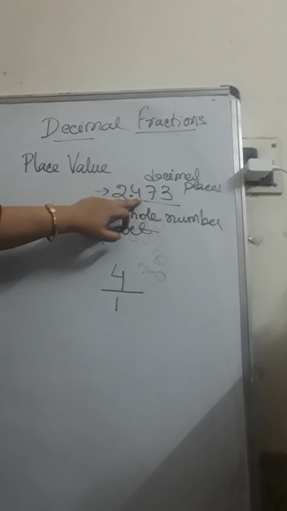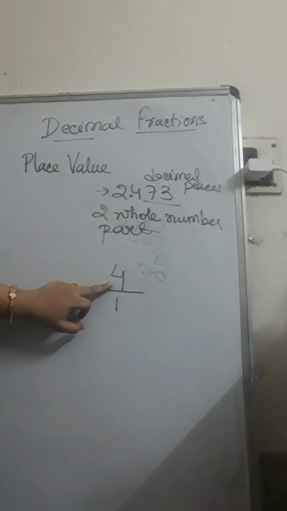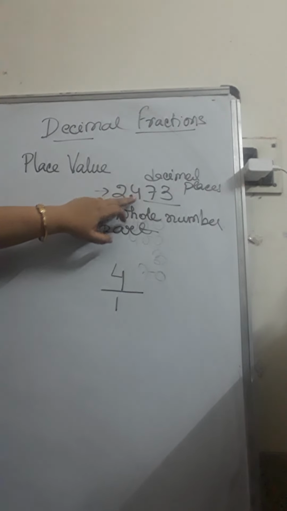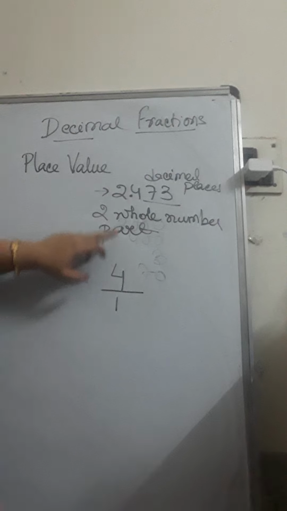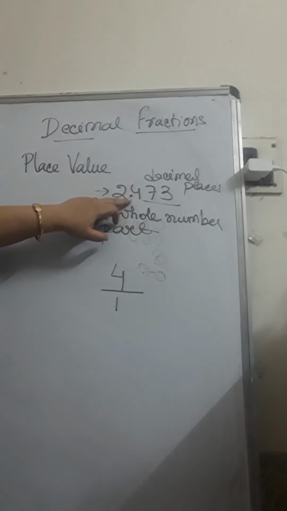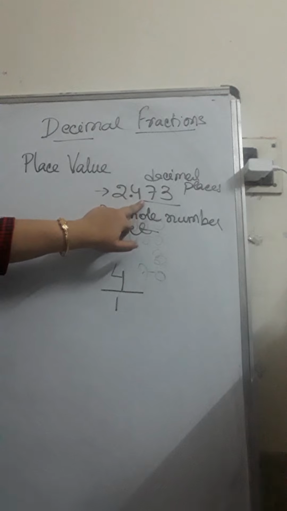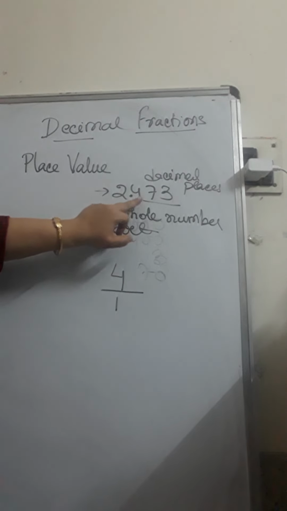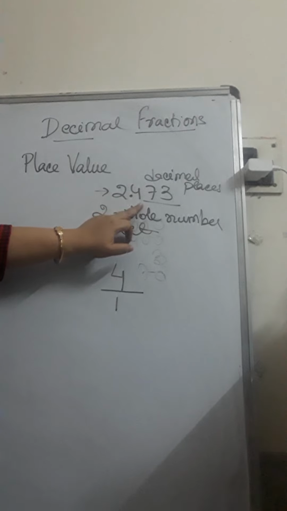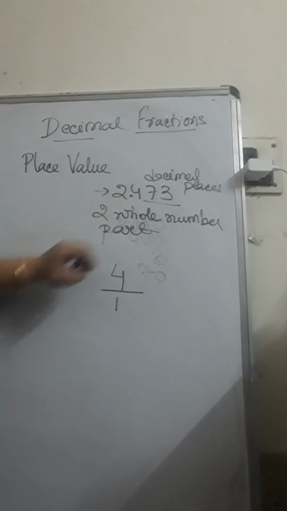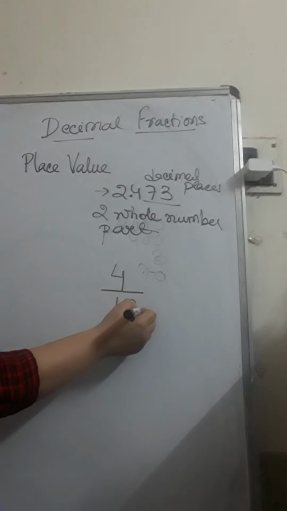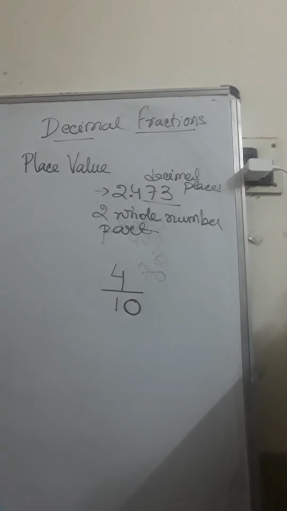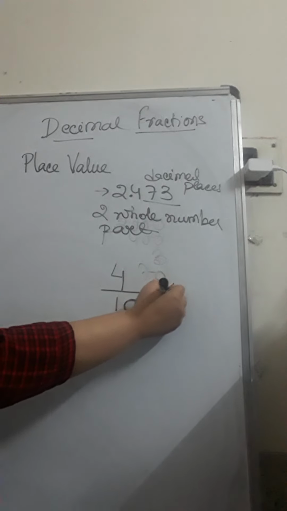So we write 4 in the numerator, and in the denominator we write 1 for the point, and since we move only one digit, till 4, we add one 0. For one digit movement from the point, we take one 0. So the place value of 4 is 4 by 10, or 4 tenths.